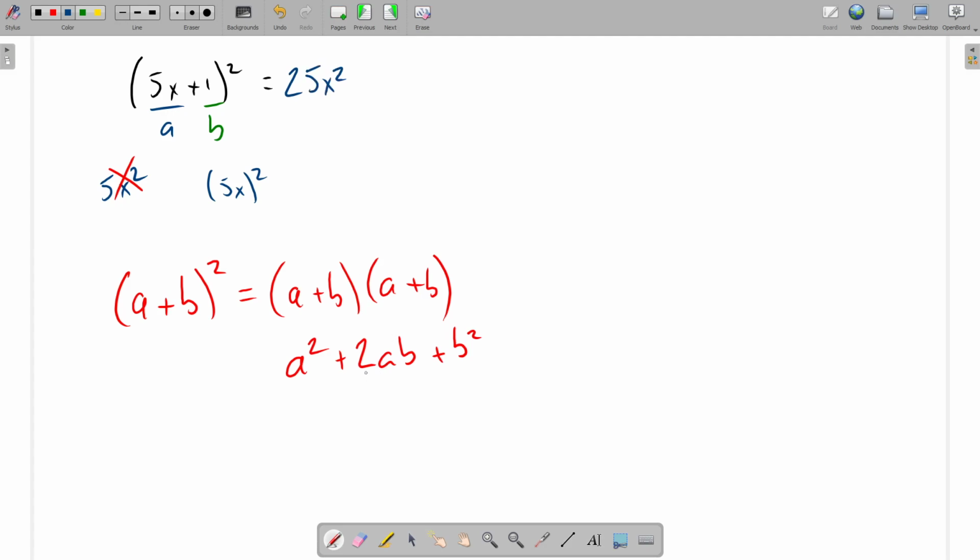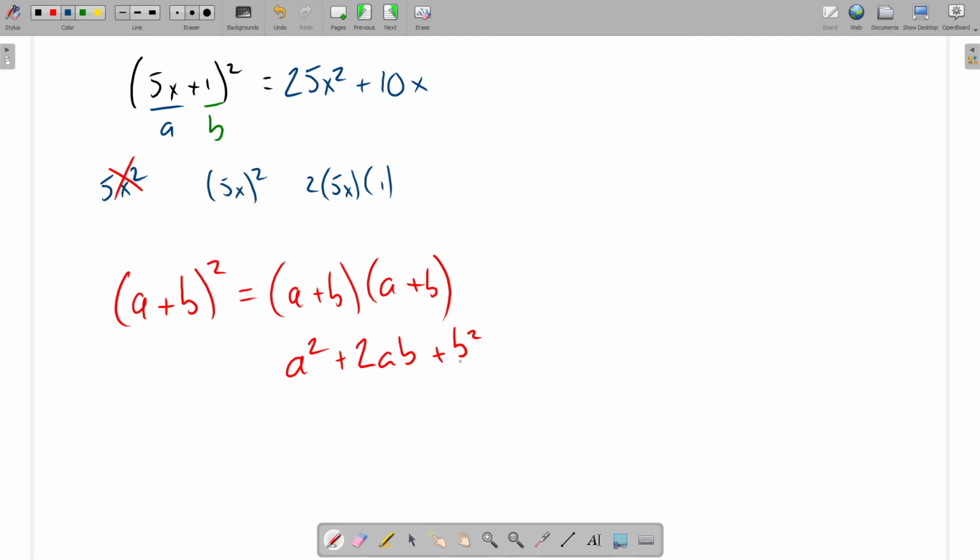The next term in my answer should be 2 times a times b. Well, what is 2 times 5x times 1? Multiplying the coefficients, 2 times 5 times 1, we get 10. And then multiplying the variables, I only have one variable, x, so we would have positive 10x.